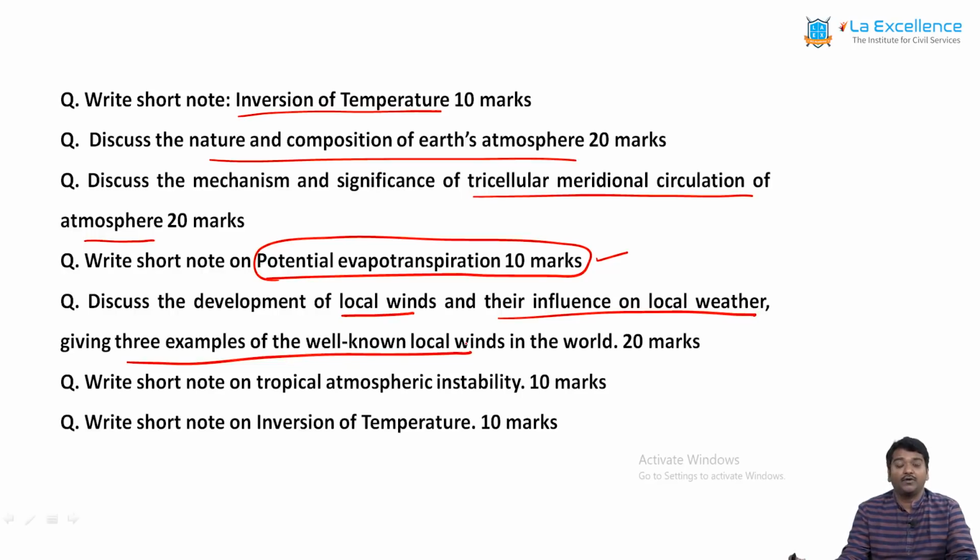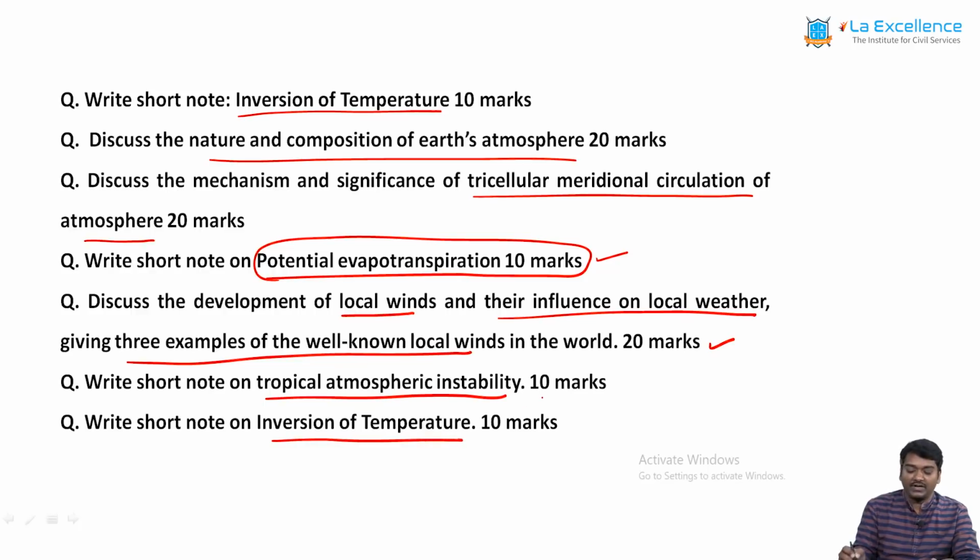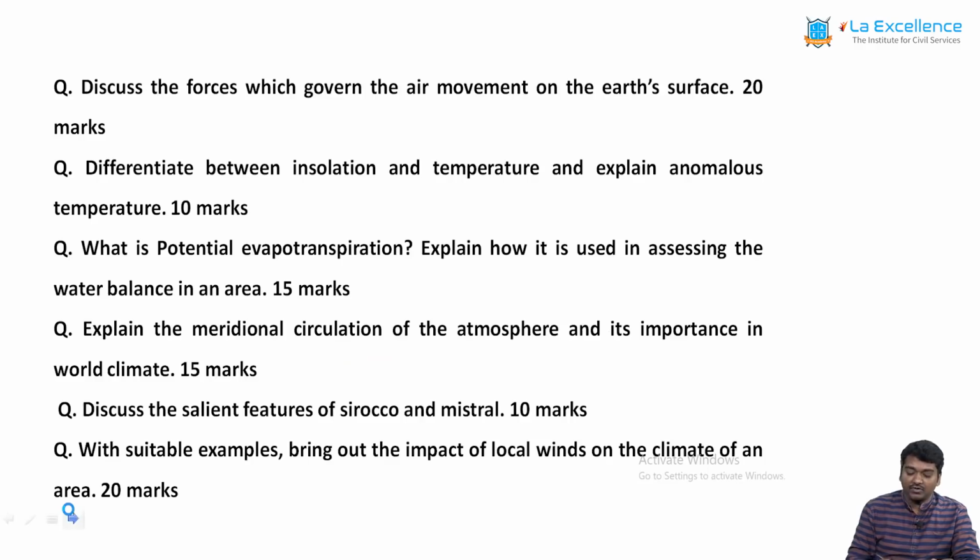Or you can talk about Harmattan, Sirocco, anything you can take. Write a short note on tropical atmospheric instability. The meaning of this is they are expecting you to write about what things are going to occur closer to the ITCZ. Write a short note on, again, inversion of temperature. Can you see? Repetitive questions.